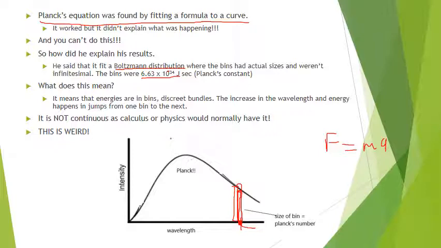Okay, so if this was continuous like a normal distribution, all these would be jammed together. But actually, these bins have a width about them, and that was weird because going from one frequency to another frequency wasn't just continuous. You had to go plop and then jump.